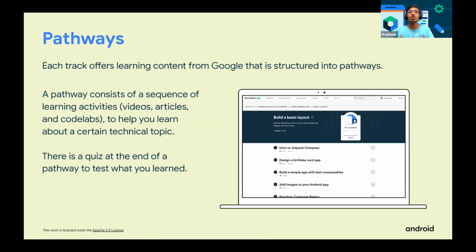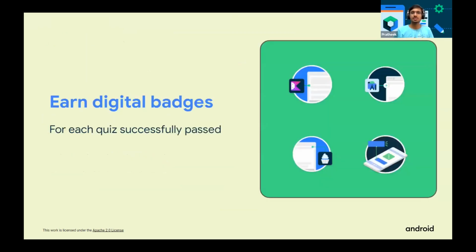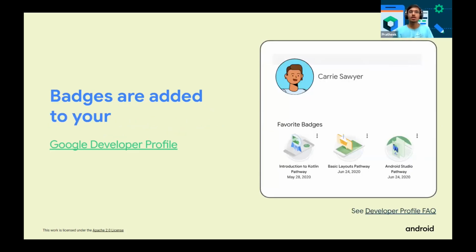Basically, you learn and code along in the code labs. If you successfully complete the courses which we share with you after this session, you earn digital badges which you can use in your profile. These digital badges will be added to your profile.